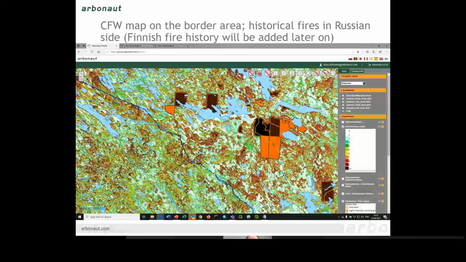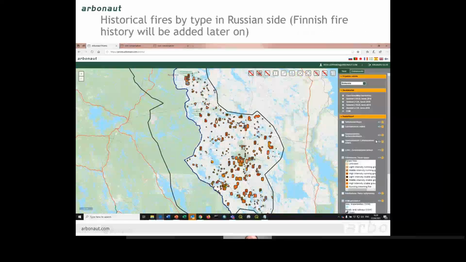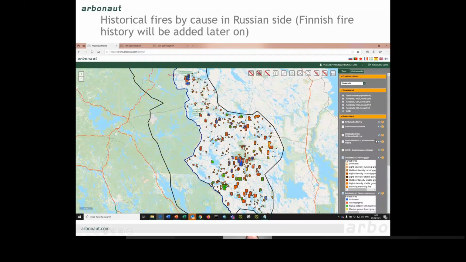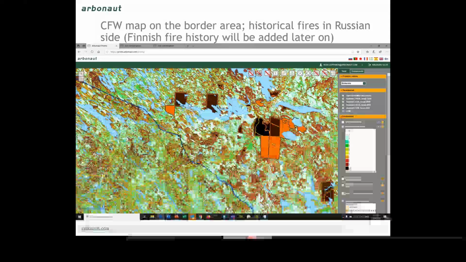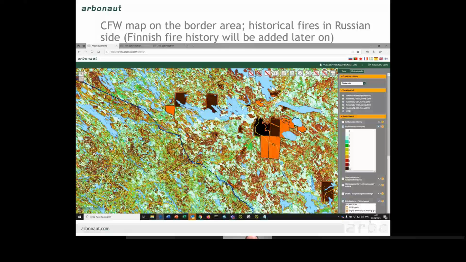There's a high probability, if the wind happens to be suitable, that it comes to the Finnish side. The brown fires also, if I go back here, we can see that it's a high intensity running ground fire. This fire type also has quite fast expansion, but it's not even close to what the crowning fire has.